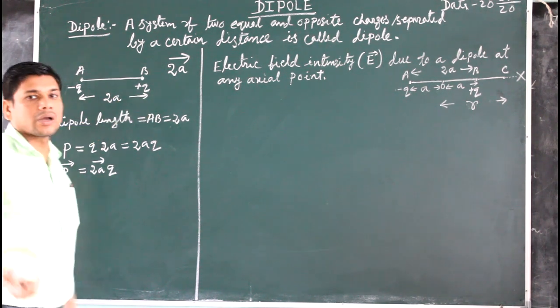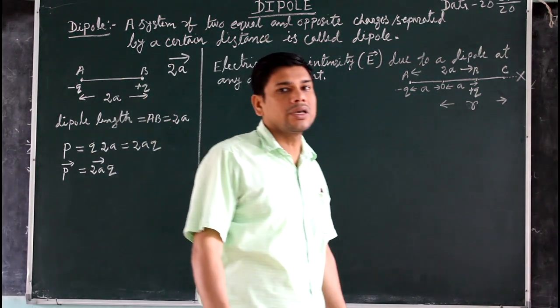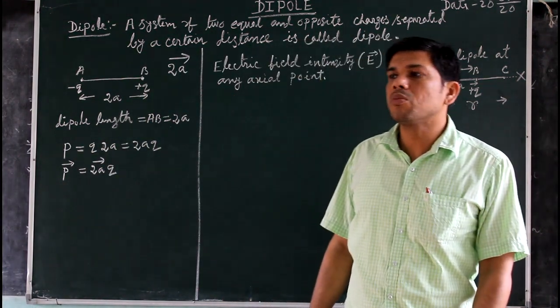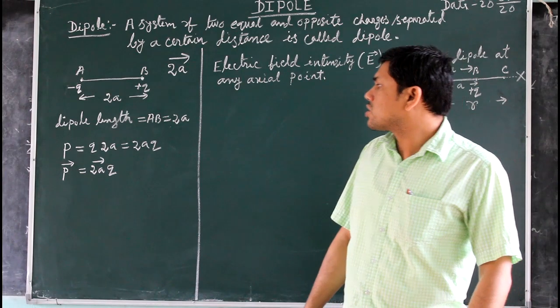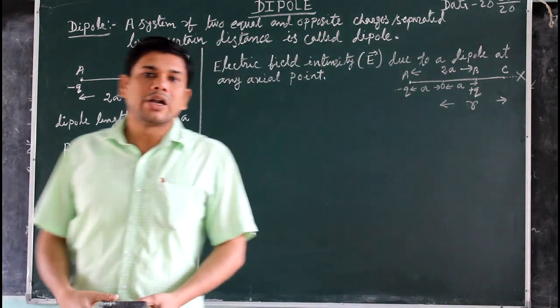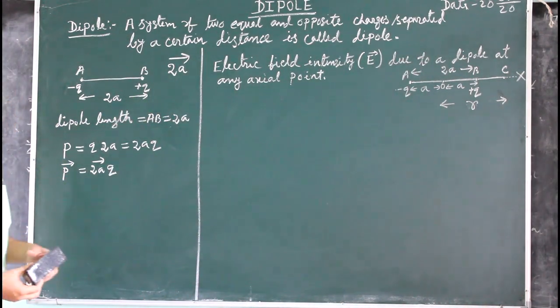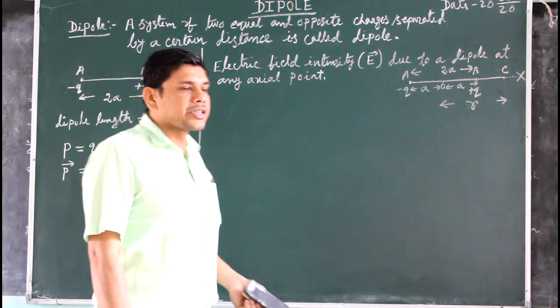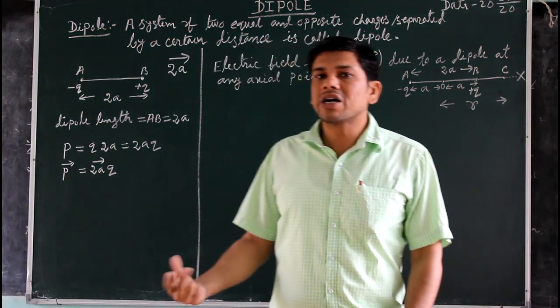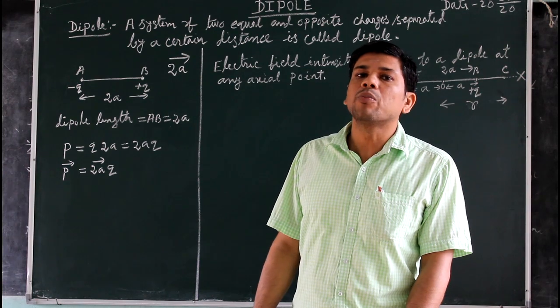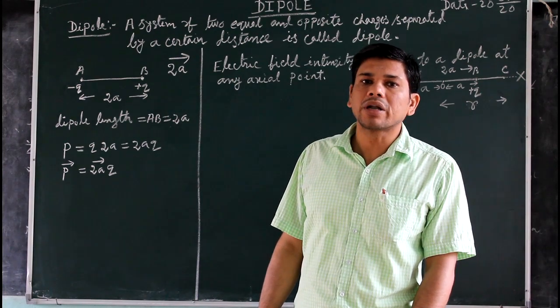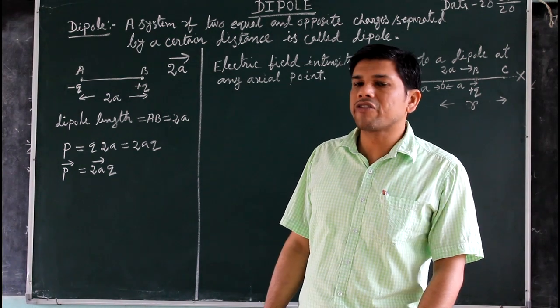Another physical quantity is the dipole moment. It is denoted by capital P. What is dipole moment? It is the product of either charge and the dipole length. It is a vector quantity.